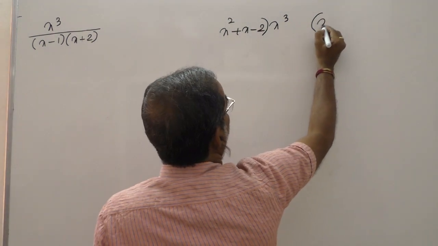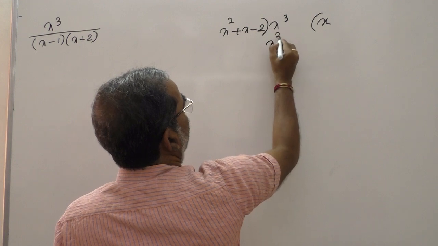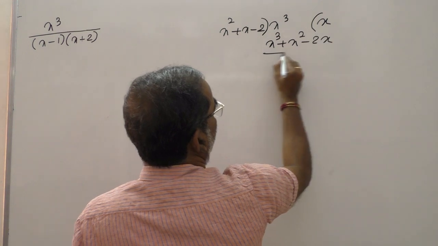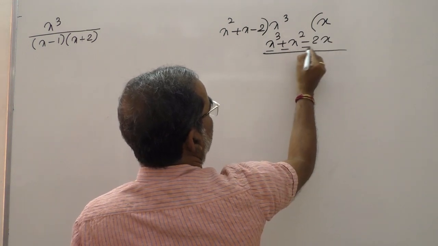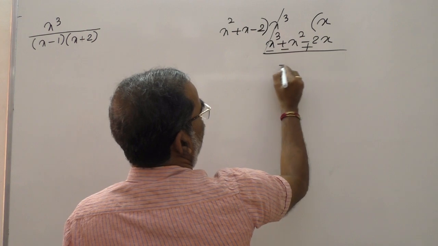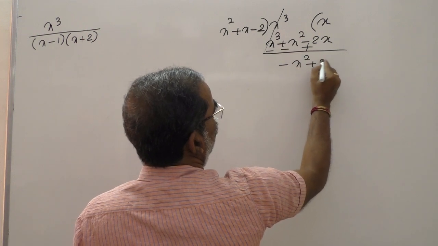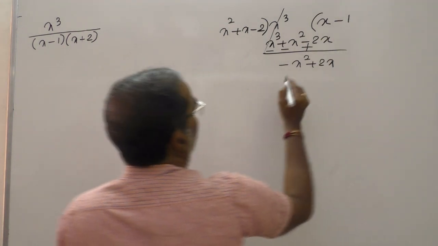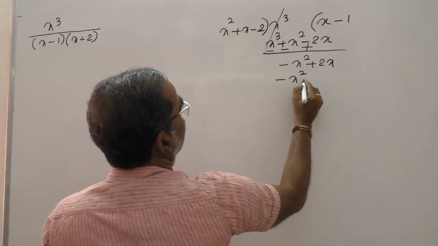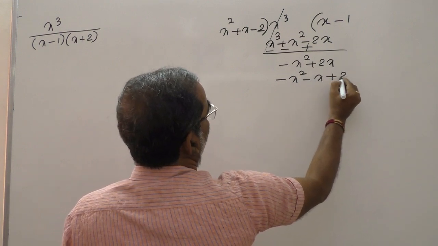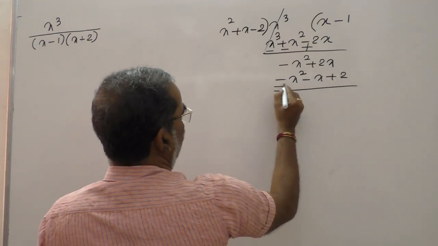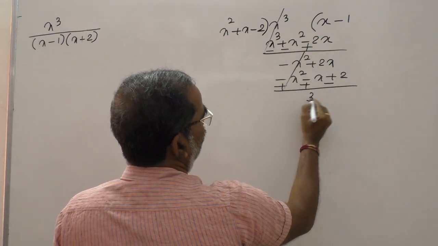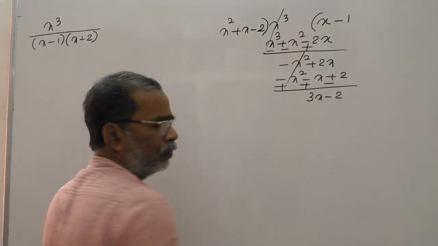First we take x: x cube plus x square minus 2x, subtract, so we have minus x square plus 2x. Still the degrees are equal, so you take minus 1. Then you will have minus x square minus x plus 2. Subtracting, these two cancel, and we will have 3x minus 2.